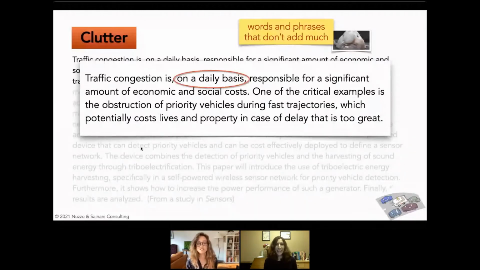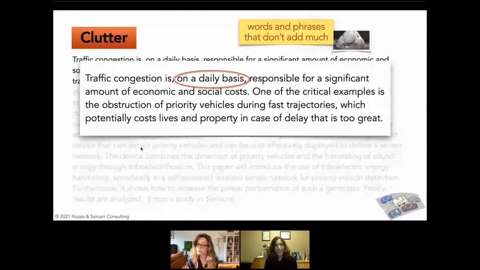First one I found was on a daily basis. Traffic congestion is on a daily basis responsible for. So I read this, it's a sort of thing that I would write myself. But when I go back the second time, look at it and say, don't I already know that traffic congestion happens every day? Right, I kind of assume in California it's happening on a daily basis. Have traffic every day.